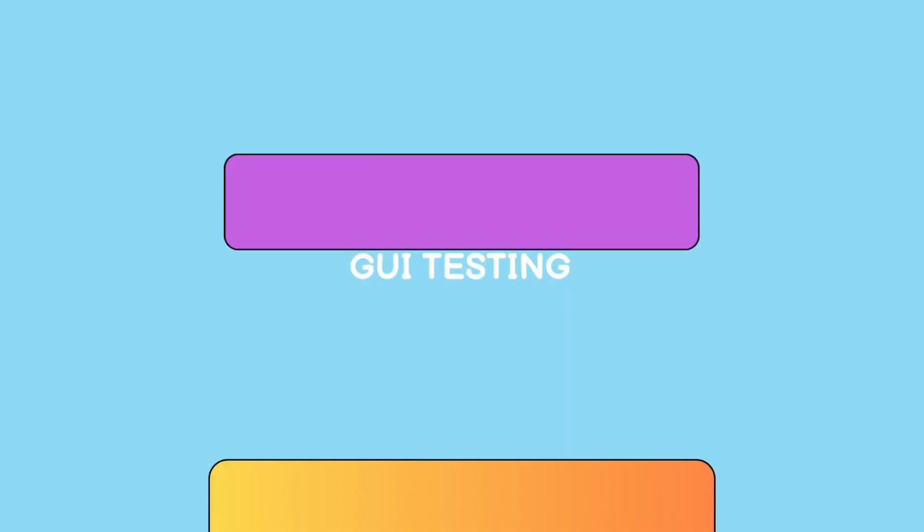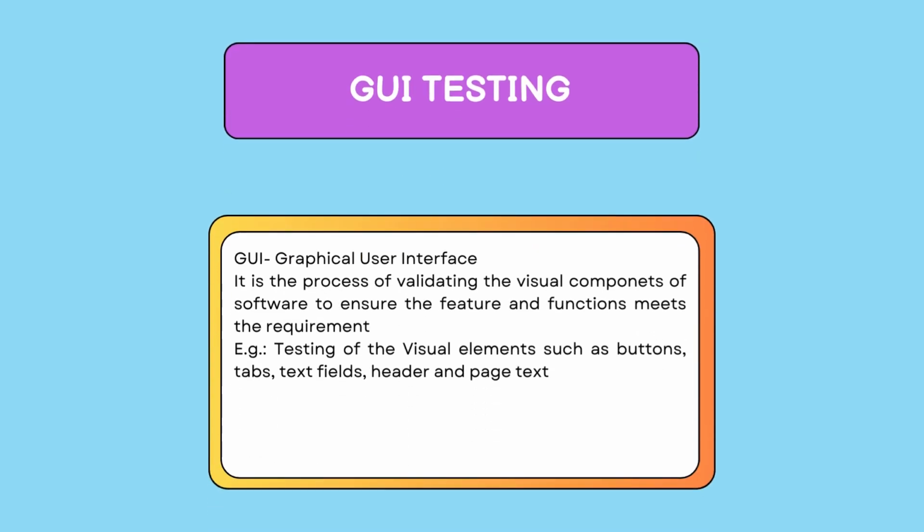Now the next is GUI testing, that is graphical user interface testing. GUI testing is the process of validating the visual components of a software to ensure that the features and functions meet the requirement. Here we test the visual components such as buttons, tabs, text fields, images, header or footer elements, and text on the pages.